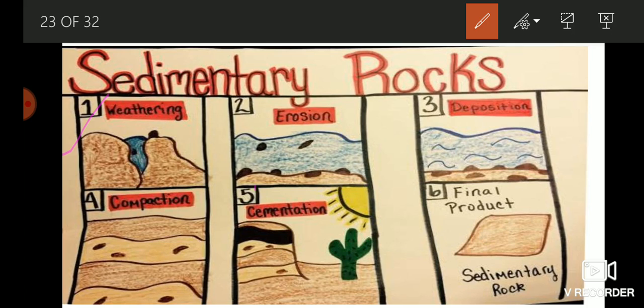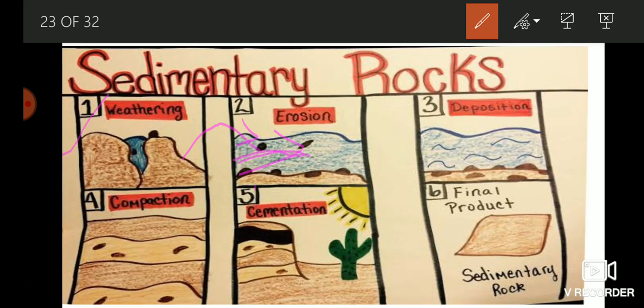When they break into small pieces, in the next step they go into the river stream. These rock particles, by the action of the river's water current, flow and are transported from one place to another.